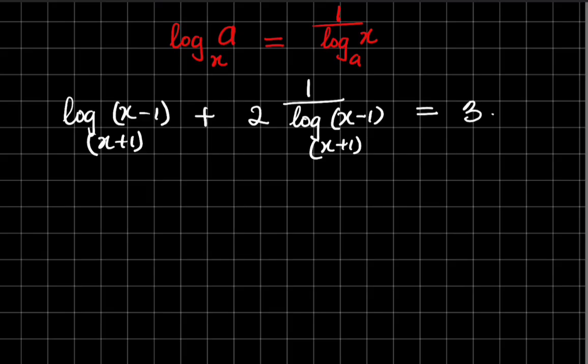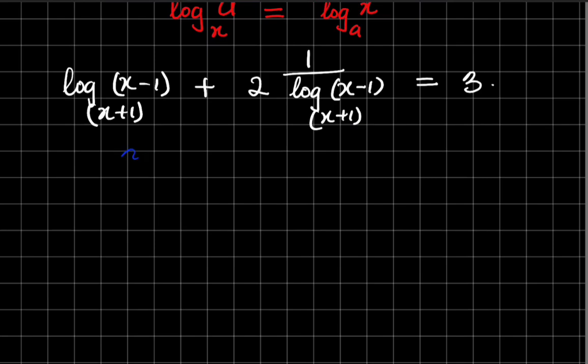So, let's see. We can represent this by a variable. Let's call this y. So if we have that to be y, only here will be ordinary y plus 2, and everything here becomes y. Then that will be 1 over y, 1 over y is equal to 3.